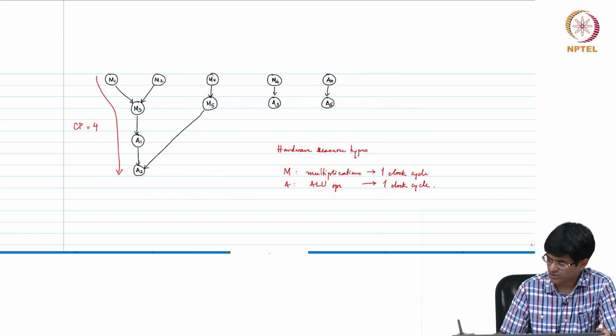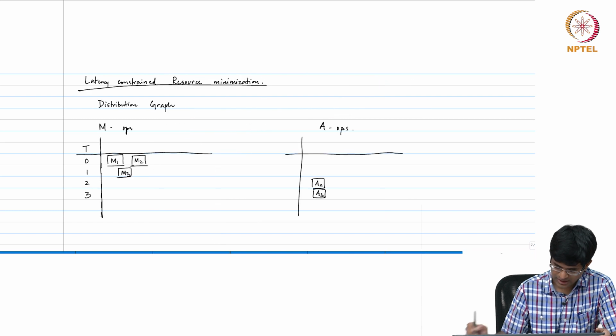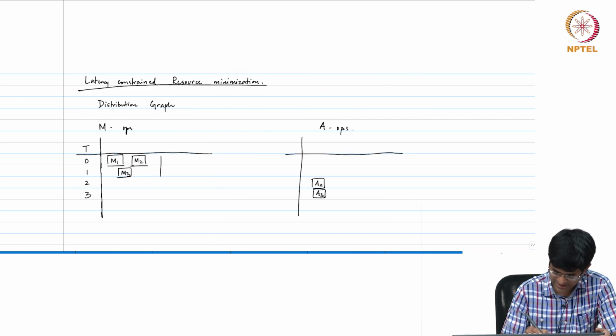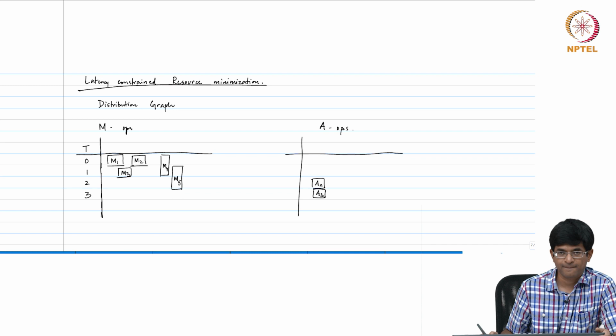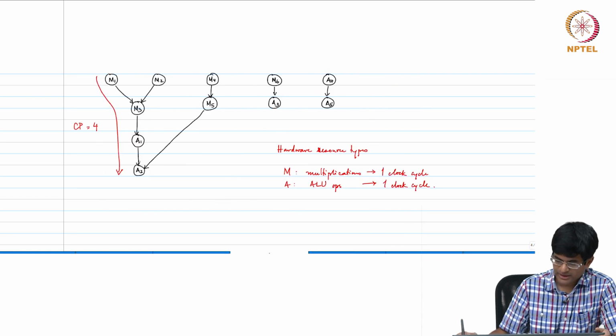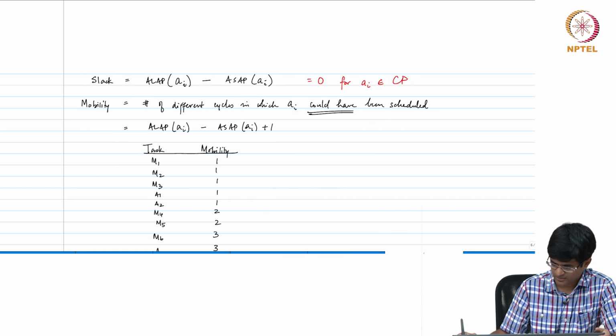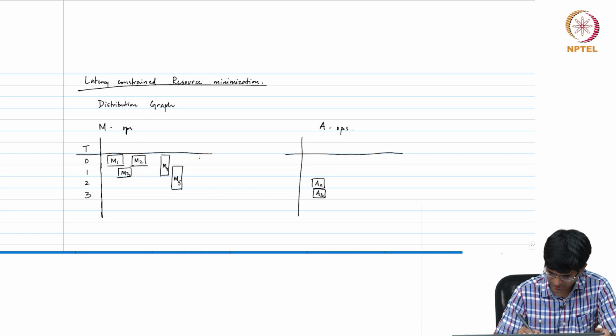Right? We saw that they have a mobility of 2, and what I am going to do is to say that M4 for example could have been either in cycle number 0 or cycle number 1, and M5 could also have been in either cycle 1 or cycle 2, right. M6 on the other hand could have been in 0, 1 or 2, which I will draw this way.